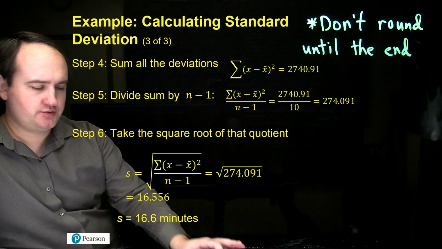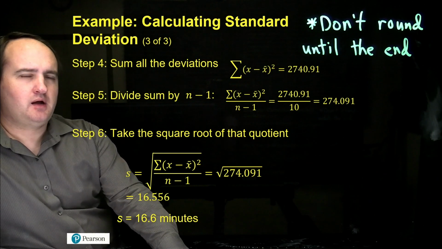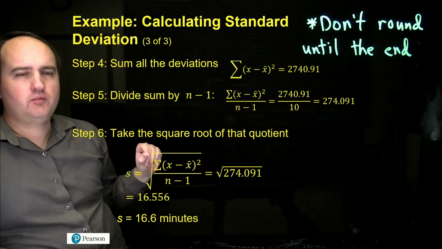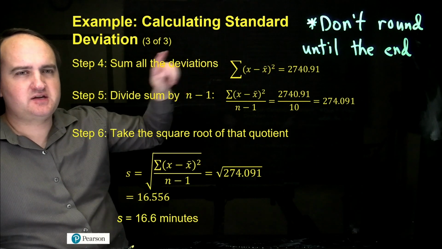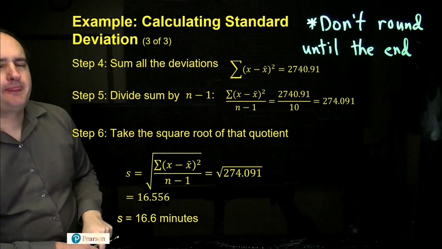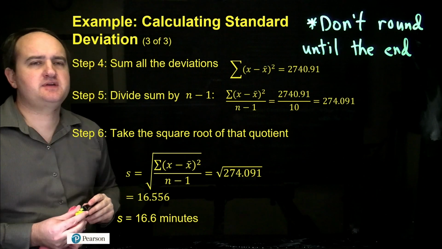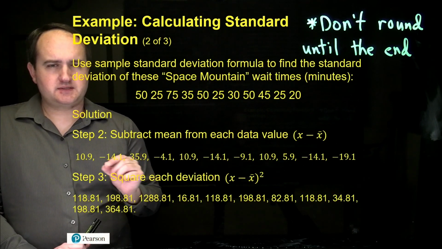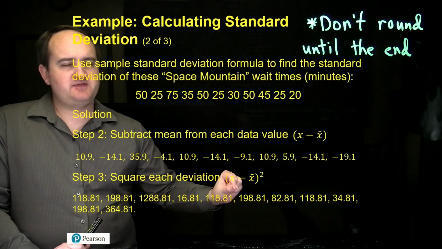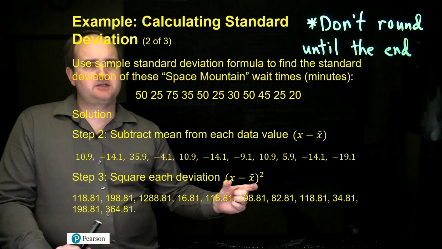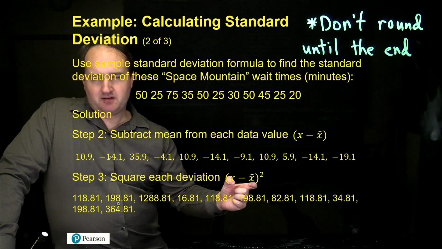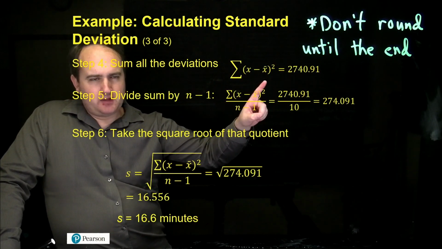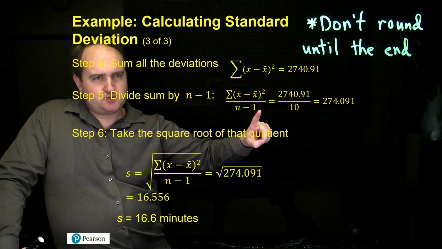If you prefer to use it, you're welcome to, but it should help you at least get an understanding of what the standard deviation is. The standard deviation is when you square each deviation, or you square the distance between each data value and the mean, and then you add them all up and divide by n minus 1.